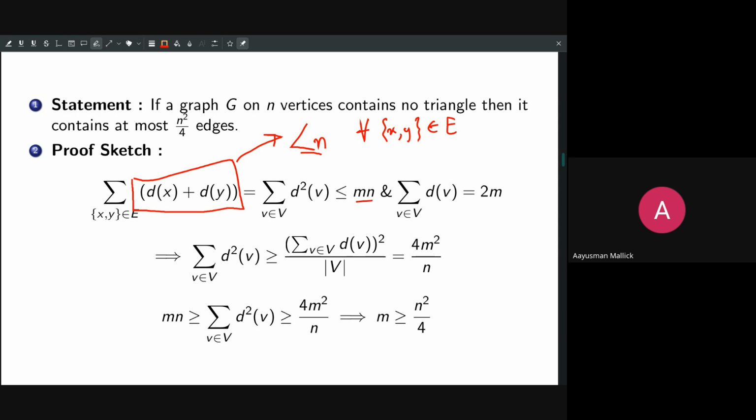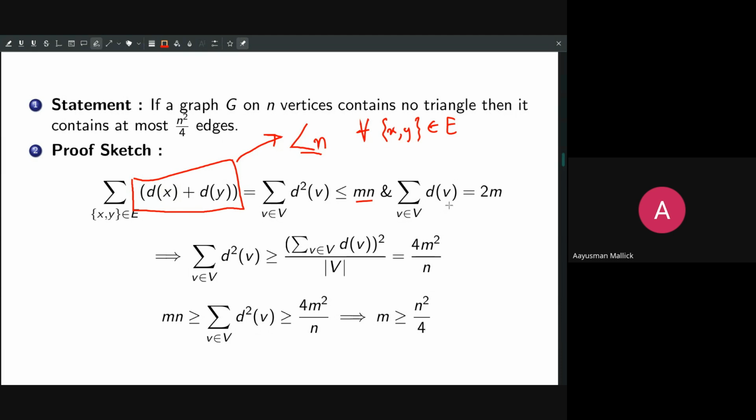From that we make this equivalence: the summation of d(x) plus d(y) over the edge set is equivalent to the summation over the set of vertices of d(v) squared, which is less than or equal to mn.